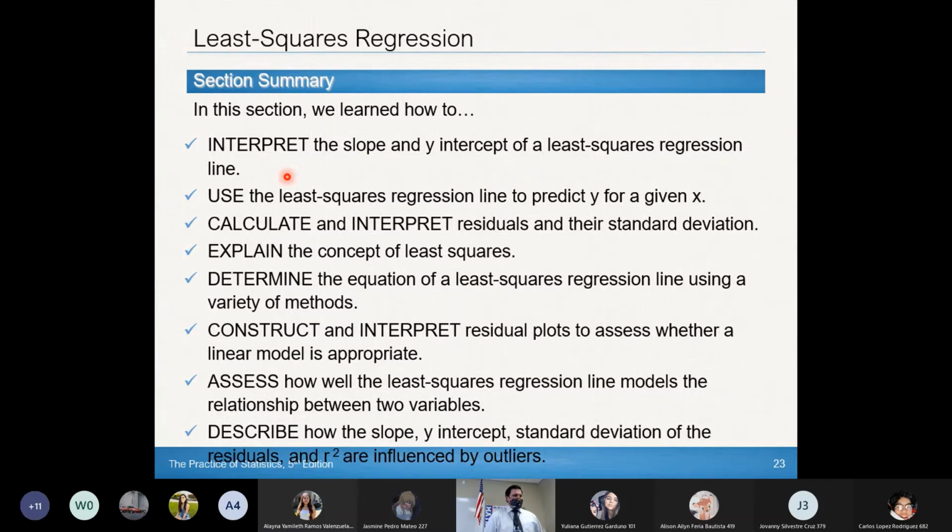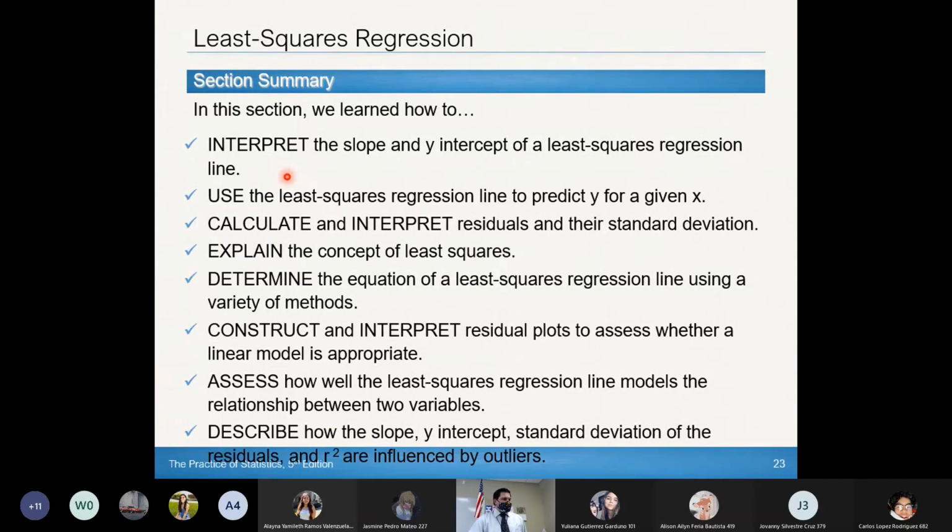Explain the concept of least squares. Determine the equation of a least squares regression line using a variety of methods. We can use our calculator, and if need be, we can use the means and standard deviations of y and x of our two variables and the correlation r.